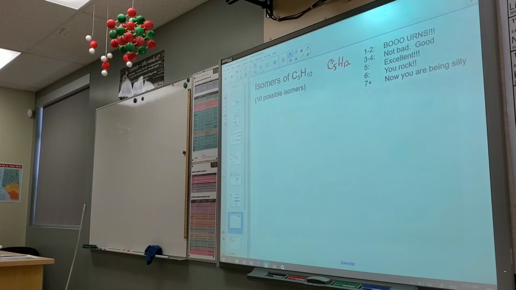The other build was you get rid of this. So that means you can add in a double bond here, which will automatically bring your count to 1. Actually, we can add in a triple bond here to make it 0.